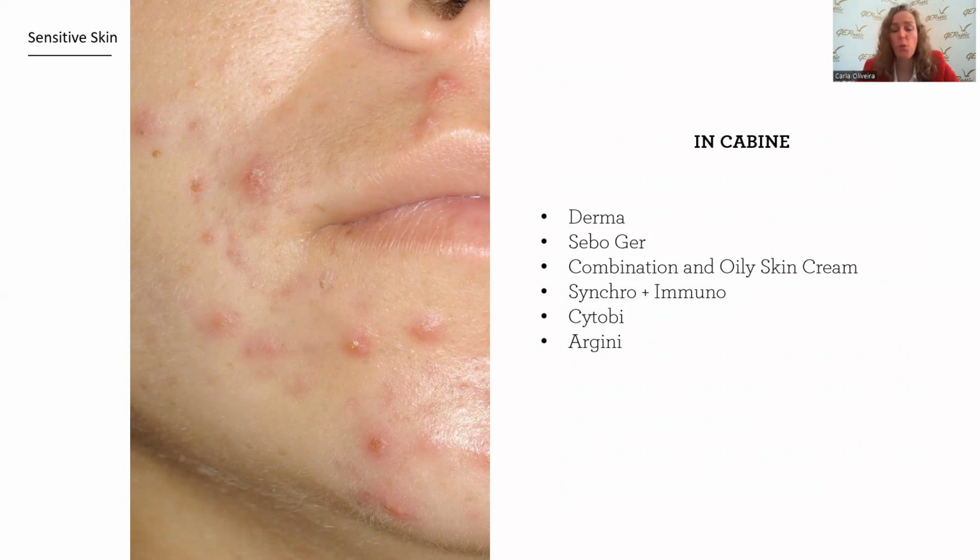We can also alternate between arginine mask and immunomask to create a different stimulation and to help at the end stimulate the lowering of inflammation process and to stimulate the regeneration one.